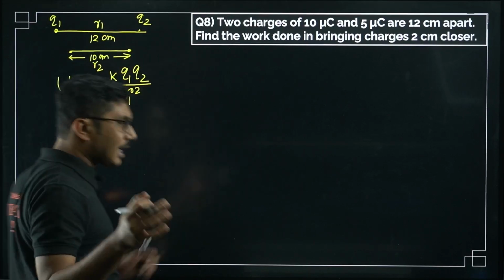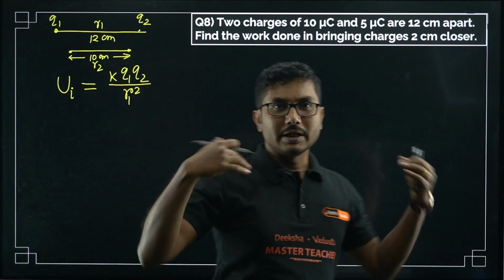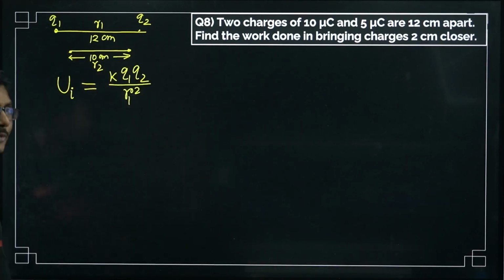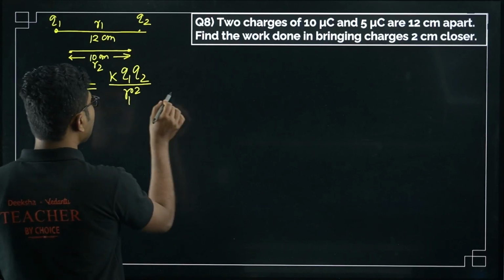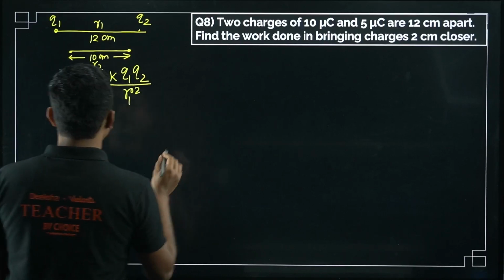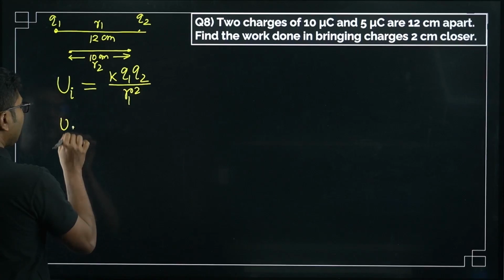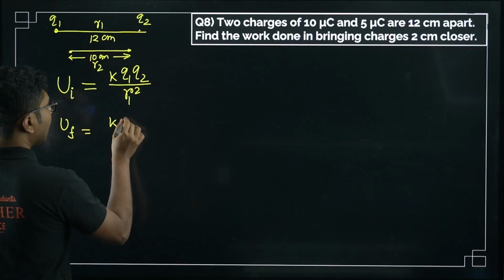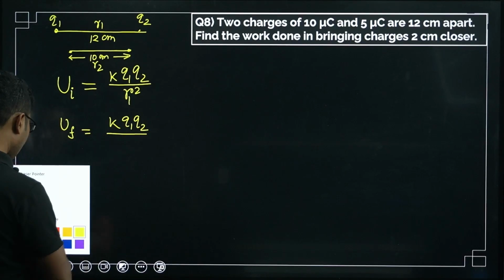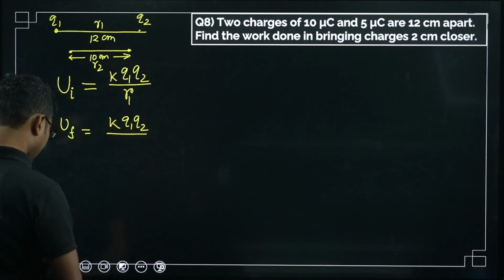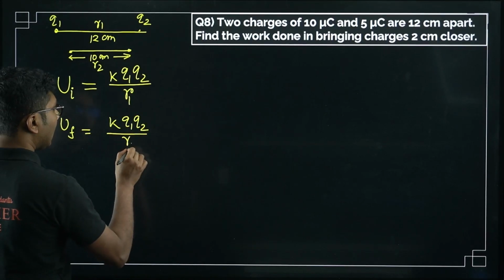Once they are coming 2 centimeter closer, the new distance is 10 centimeter, right? 12 minus 2, 10 centimeter. This is the initial potential energy. And what is the final potential energy? Final potential energy is basically K Q1 Q2, there is no R square, divided by R2.